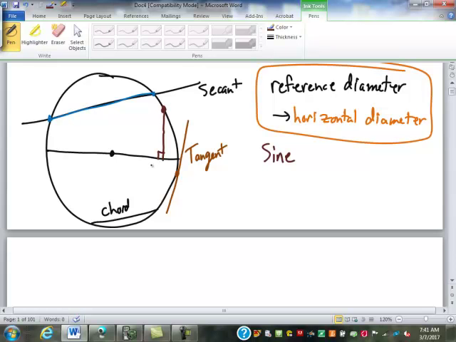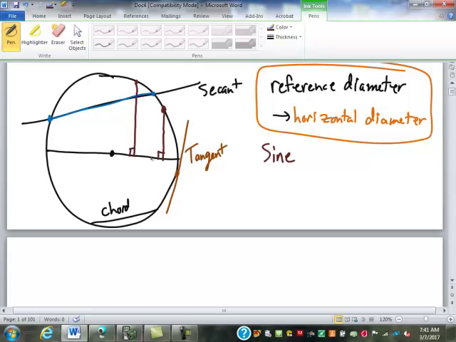Now distance is always measured in a perpendicular. So that's a sine. If I pick this point on the circle, its sine is that, right there. It's from any point on the circle to the reference diameter. I always say it's a distance because it always has to hit at a perpendicular. But technically the sine is that little line segment itself.